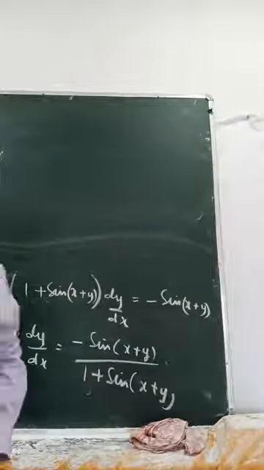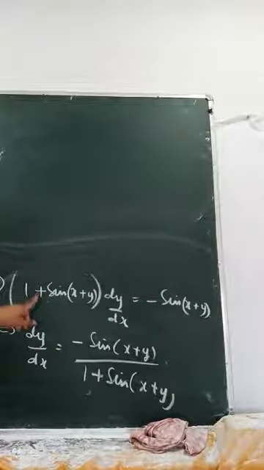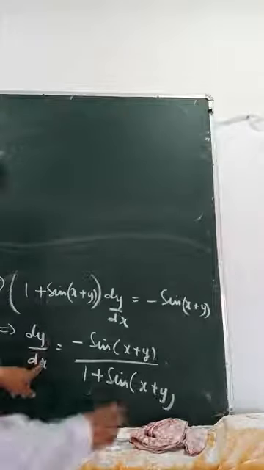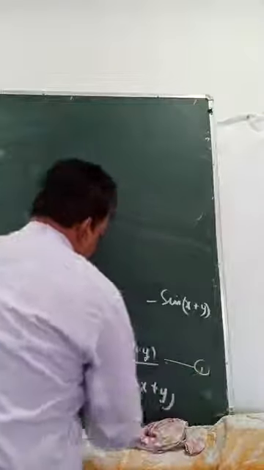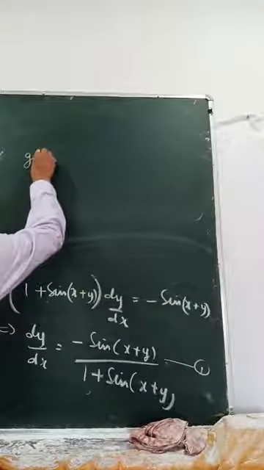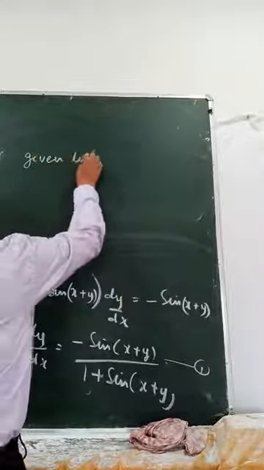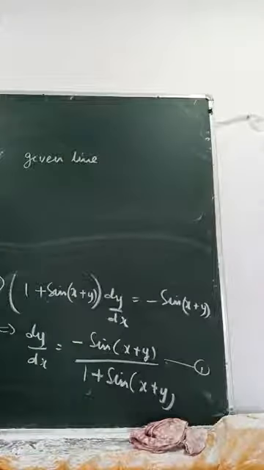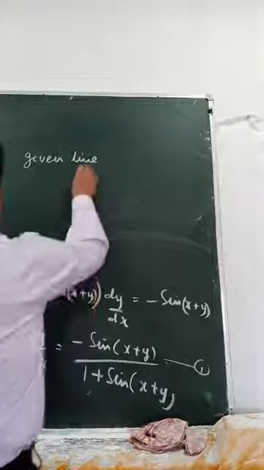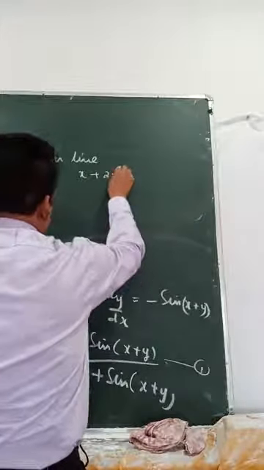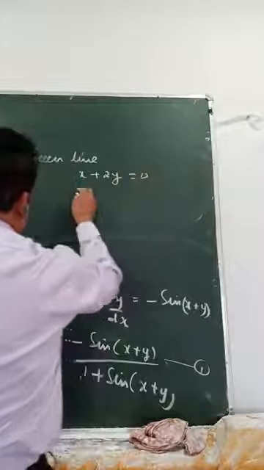So what shall I get now? This is the slope of the tangent to the curve. What is the given line? The given line is x plus 2y equals 0.